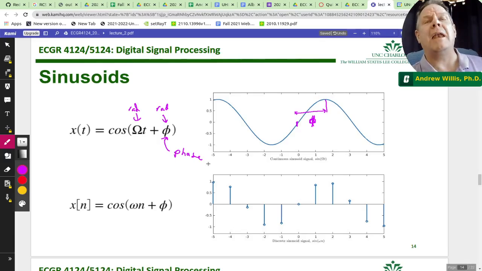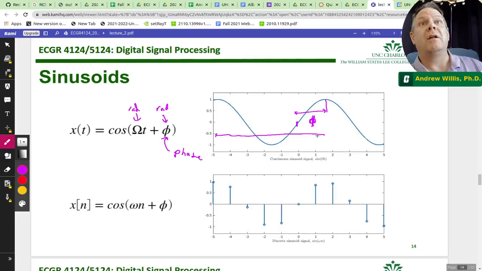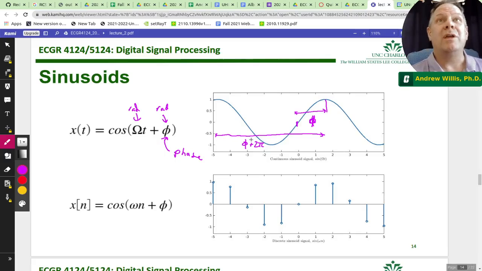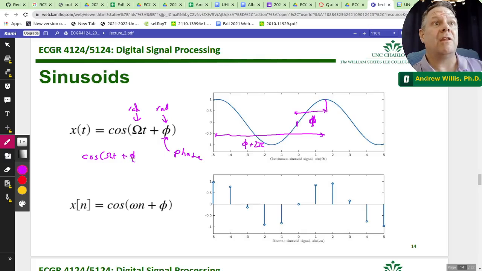So realize that any phase shift you might have is equivalent to a phase shift like this, where you're taking phi plus 2 pi, right? So any cosine that you have, cosine of omega t plus phi, is equal to cosine of omega t plus phi plus 2 pi, because this 2 pi doesn't change anything.